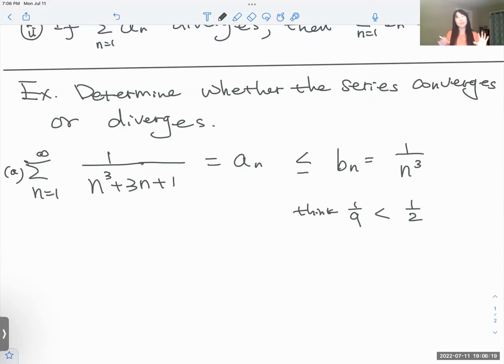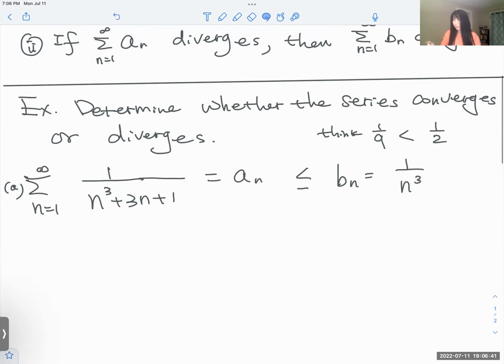We show that, let me think. If we show that the bigger one converges, then the smaller one also converges, right? So we're going to show that b sub n converges, right? So how can you say that this one converges, or we can show that this diverges, right?